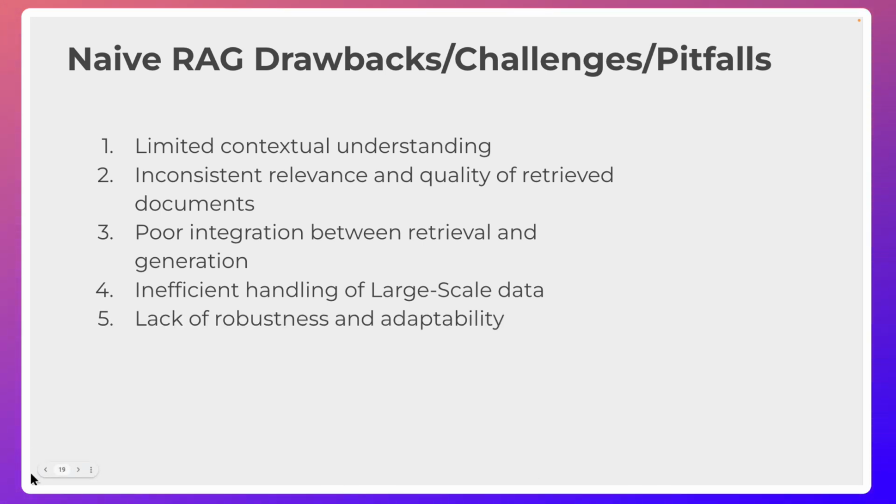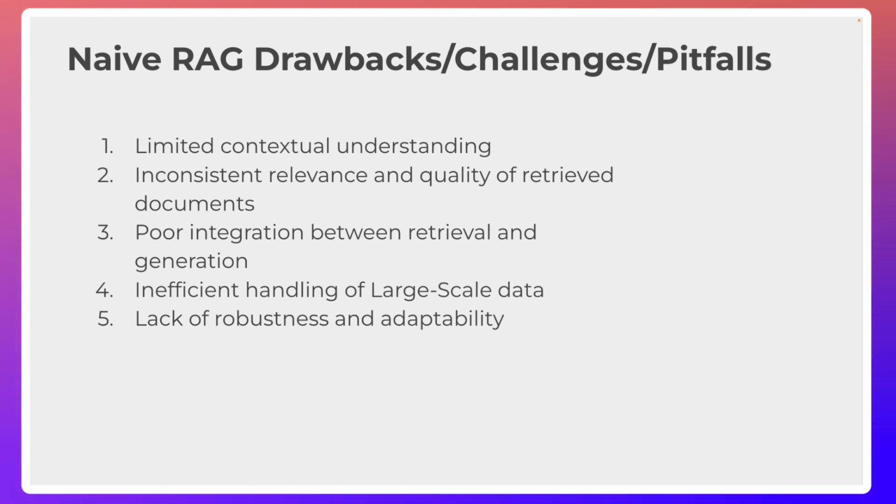We also have lack of robustness and adaptability. The issue here is that naive RAG models often lack mechanisms to handle ambiguous or even complex queries robustly. So they're not adaptable to changing contexts or user needs without significant manual intervention.